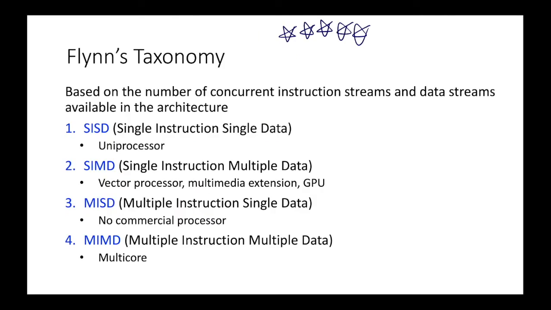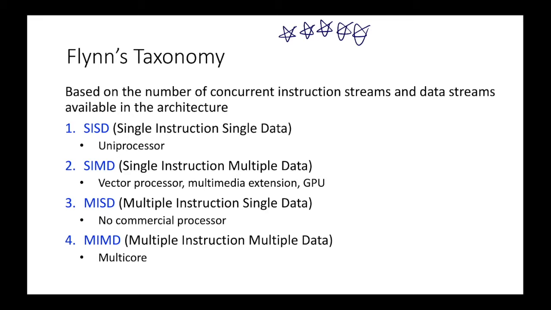Based on the number of the instruction streams and data streams available in the architecture, we have a popular taxonomy called Flynn's taxonomy. The first type is SISD, the single instruction, single data. The uniprocessor is basically an SISD machine. The second type is single instruction, multiple data, and we have vector processors, multimedia extensions, SIMD extensions, and GPUs.